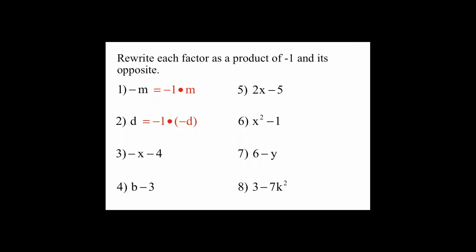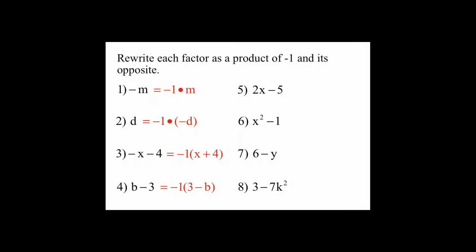All right, now let's check our work. I have -1 times the opposite of -x is x, and the opposite of 4 is +4. Now, if this is a binomial, make sure you put that into parentheses, because that -1 is getting multiplied. So number 4 would be -1 times the quantity of 3 minus b.